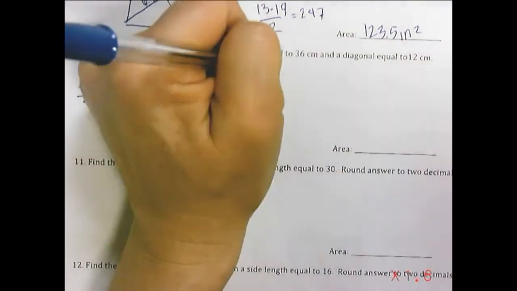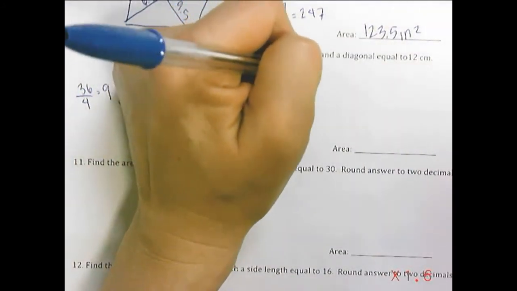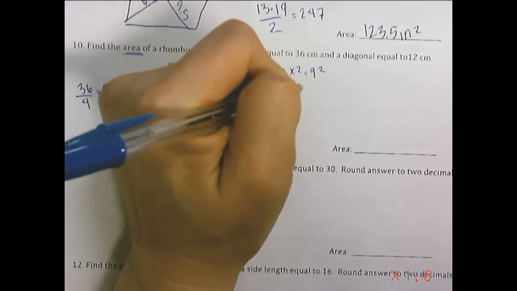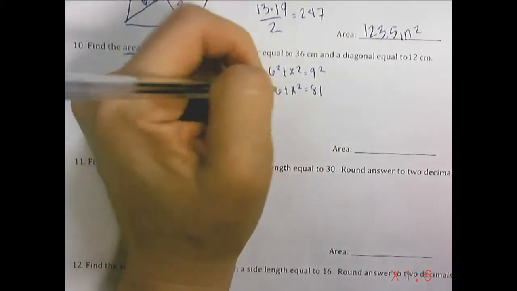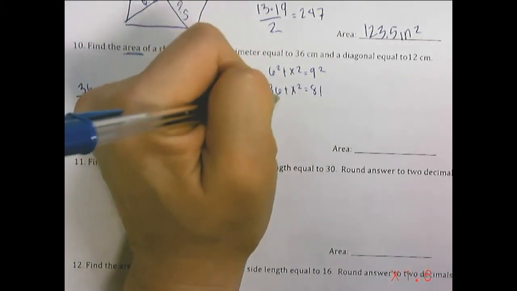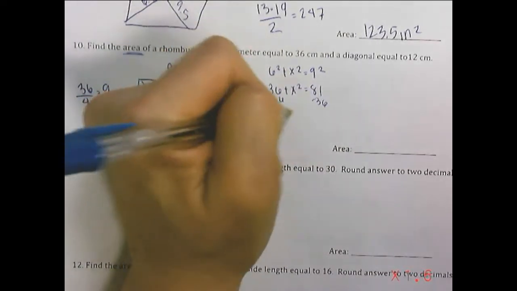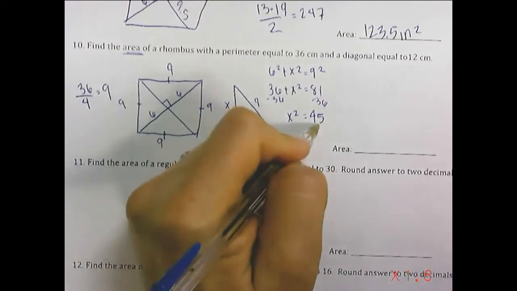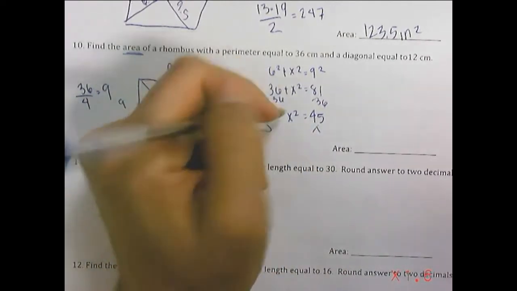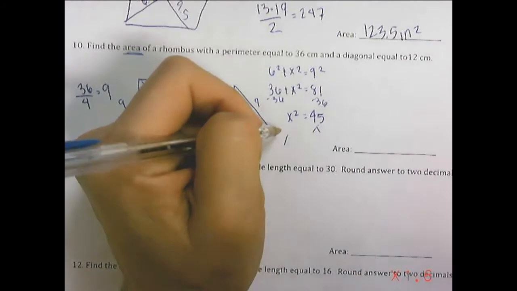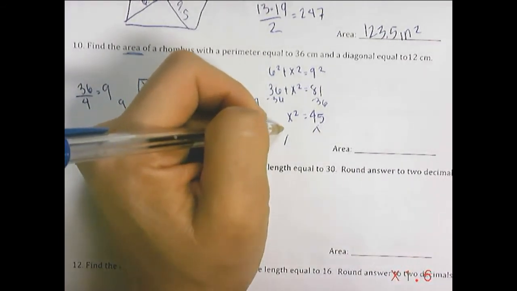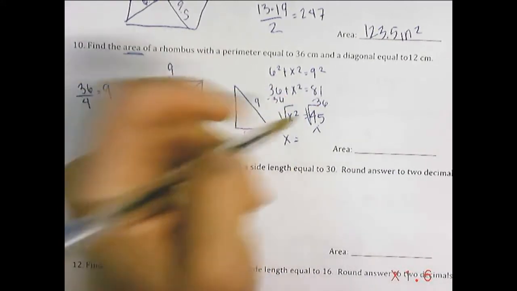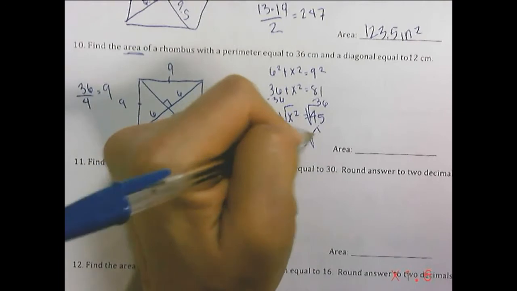So it's going to be 6 squared plus x squared equals 9 squared. 36 plus x squared equals 81. Minus 36, minus 36, x squared equals 45. I'm going to write that as a reduced radical. x equals 3 rad 5.